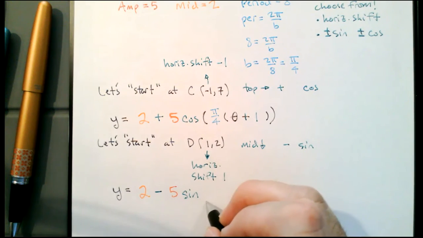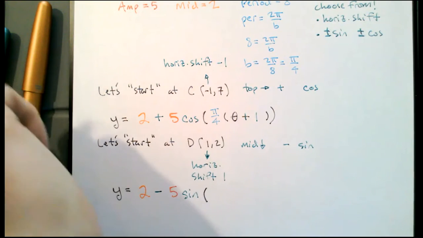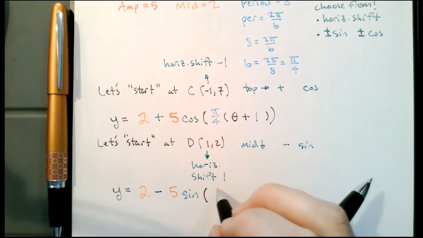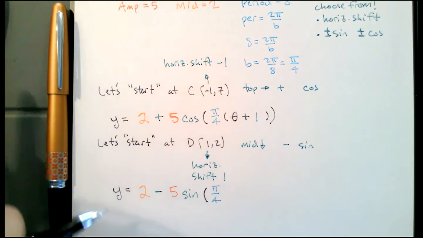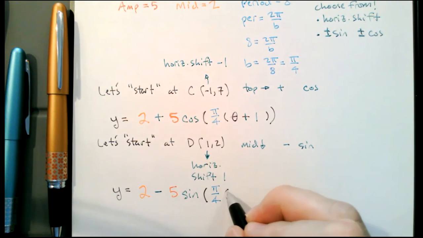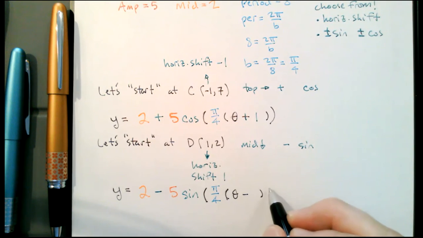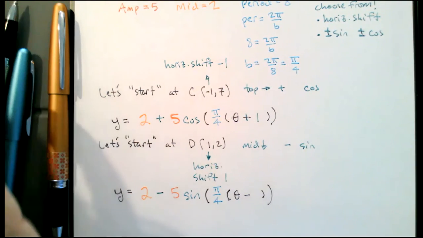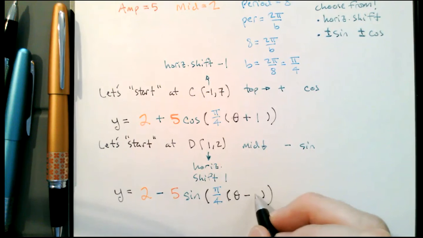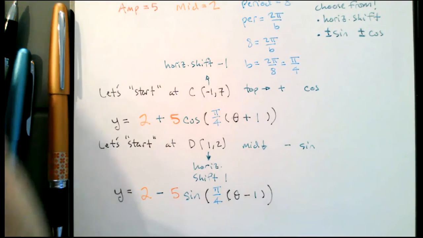The coefficient of theta is still pi over 4. Theta is still theta. And inside the parentheses with theta is theta minus the horizontal shift. And in this case, the horizontal shift is 1. So I write theta minus 1.